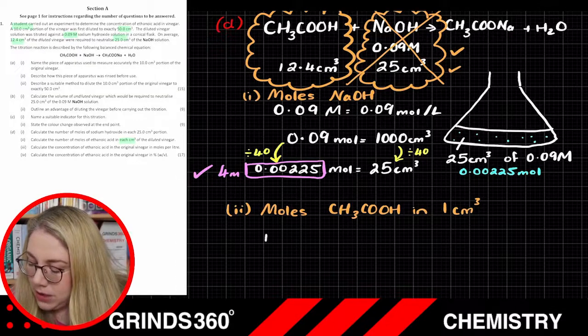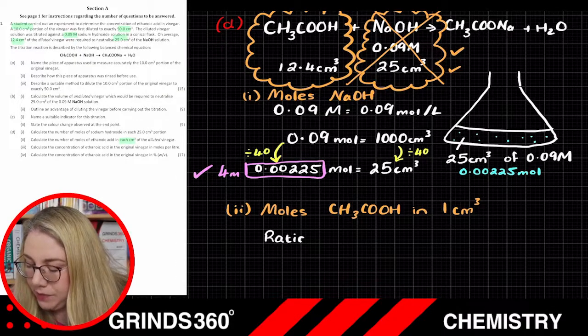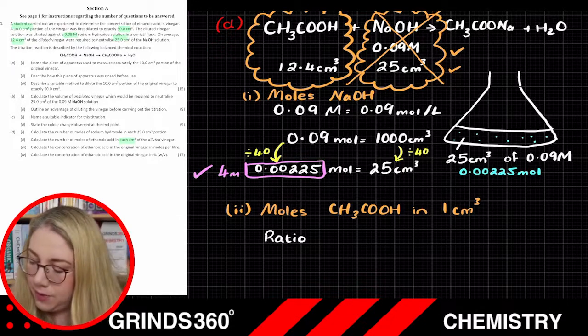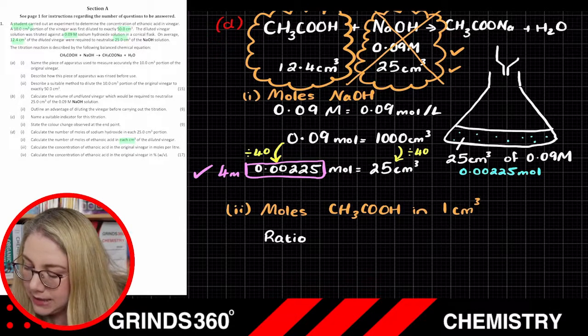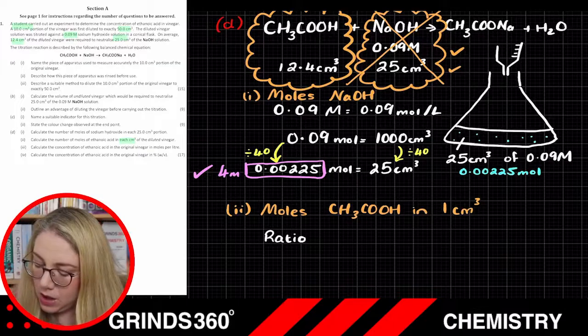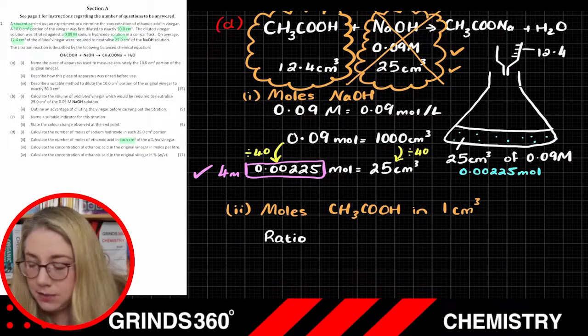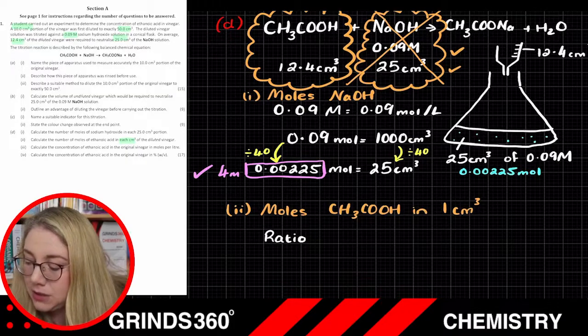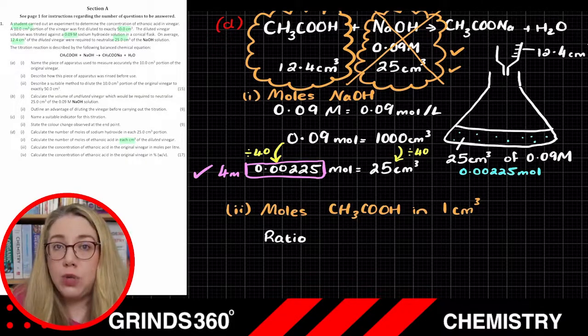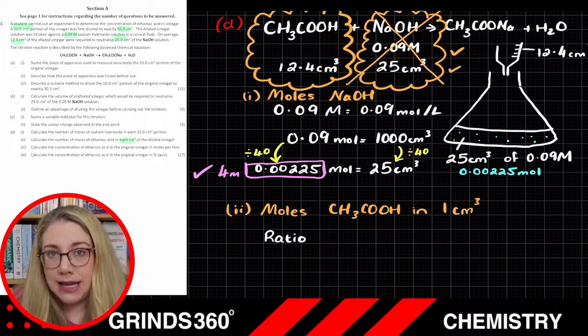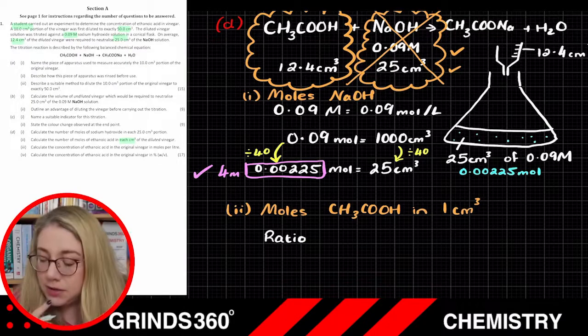Right, from the balanced equation, we need the ratio, because when you add from the burette into the conical flask, we know from the information given that 12.4 centimetres cubed is added into the conical flask. But we don't know how many moles are inside that 12.4, and that's what we're working out.